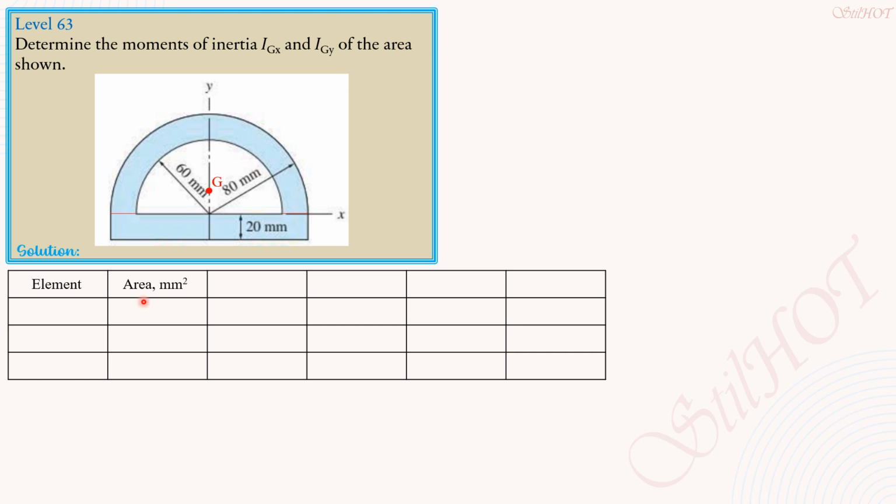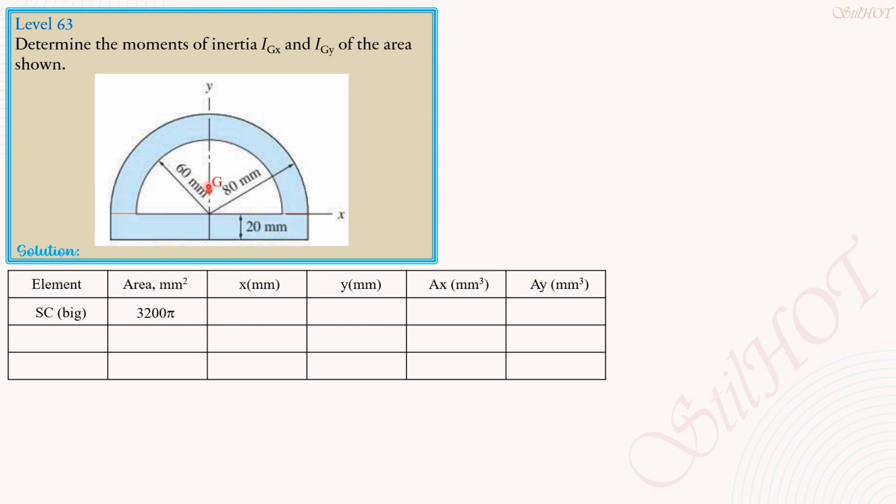So element, we have area in mm square, the x-bar of the individual element, y-bar in mm, then area times x-bar in mm cube, area times y-bar in mm cube, to locate the centroid. So for the big semicircle, the area is pi 80 square over 2, so that's 3200 pi.